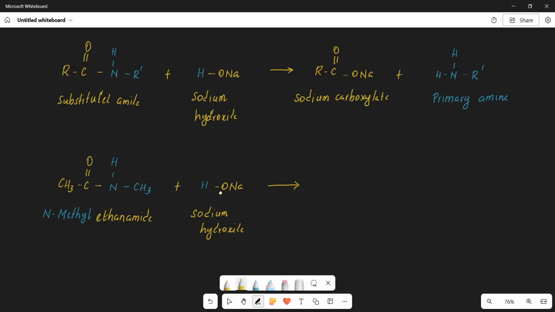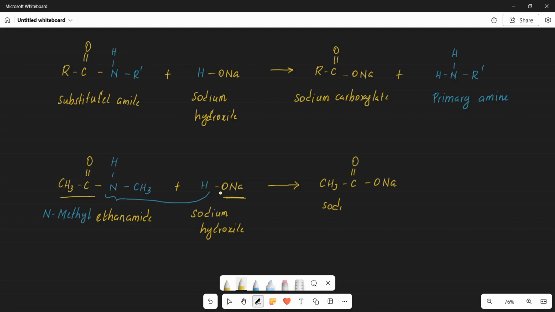So I am going to connect these two to get a product, and as well I am going to connect these two portions to get the other product. So the main product is sodium carboxylate. This is sodium ethanoate.